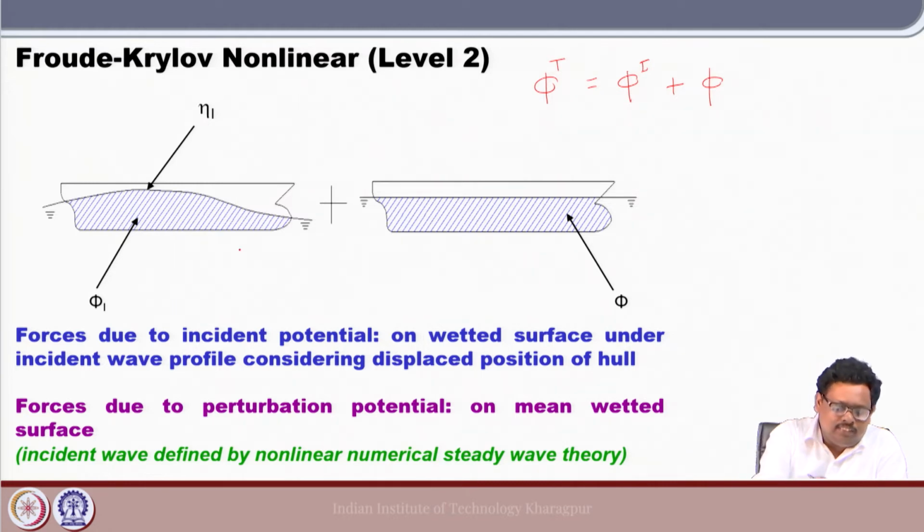Now, let us see what is happening here. When you solve this phi I, I am using the exact wetted surface. Now, when I am using the exact wetted surface, it is some part of the force that I am getting, and I call that force non-linear.